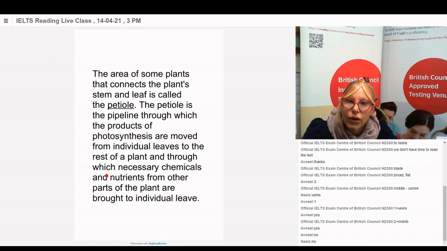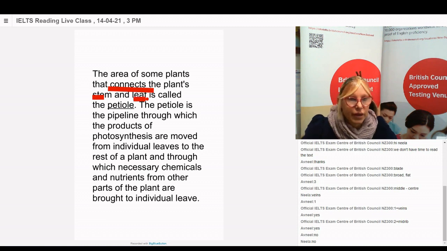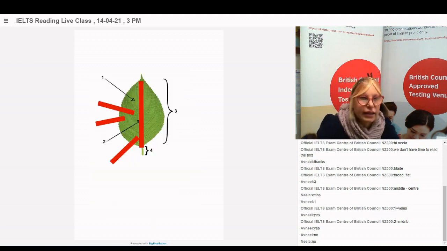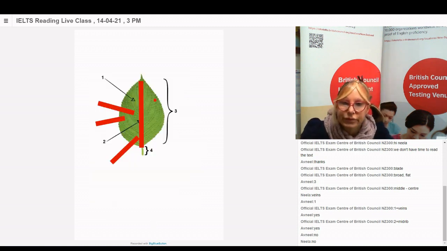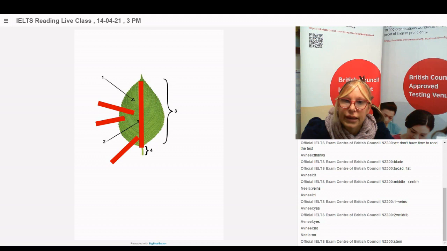So the key word here is the verb connect, and then we've got stem and leaf. So connecting a stem and a leaf. This is the leaf here, and this is what we call the stem, a little part at the bottom. So our answer to number 4 is petiole.